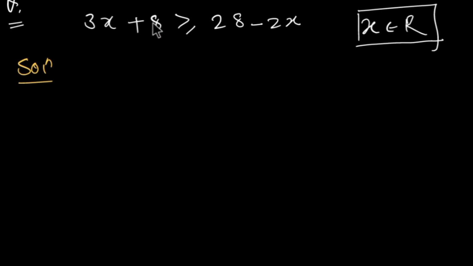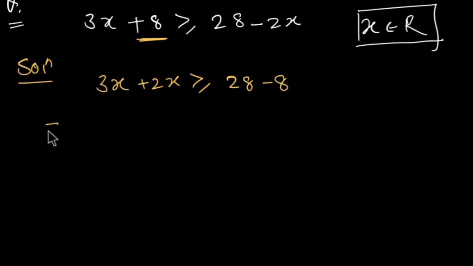So what I told you: first of all we will keep the variable on one side and the constant on the other side. The 2x is negative, so it will come here and become positive: 3x plus 2x greater than or equal to 28. Now the positive 8 goes to this side and becomes negative: 28 minus 8.